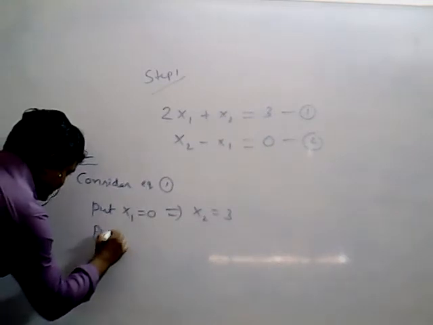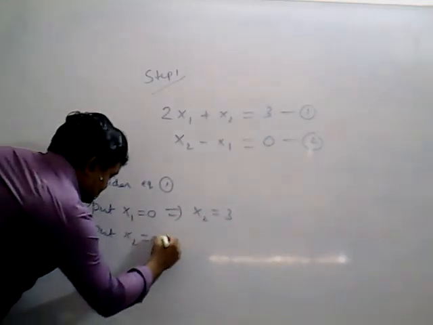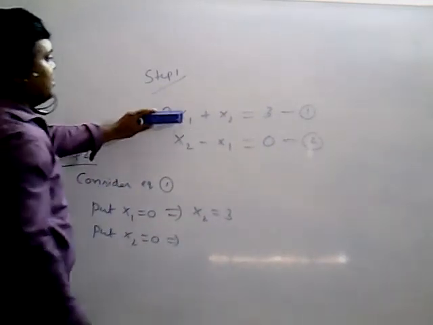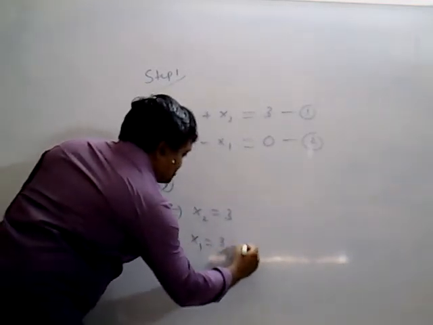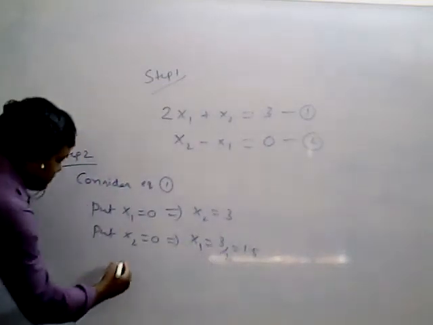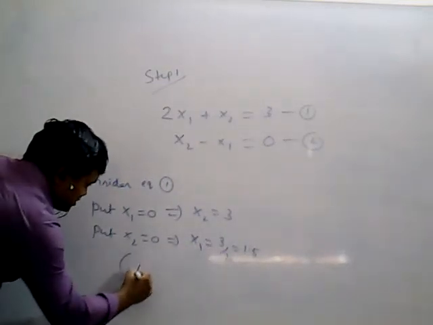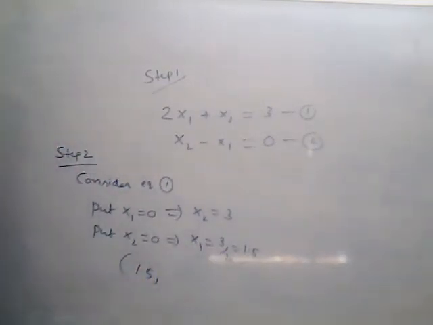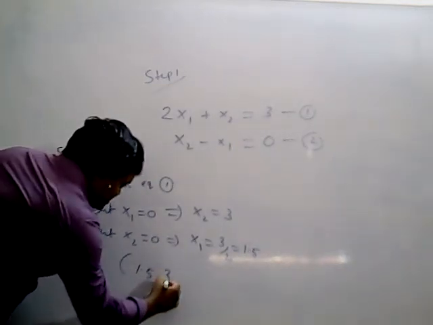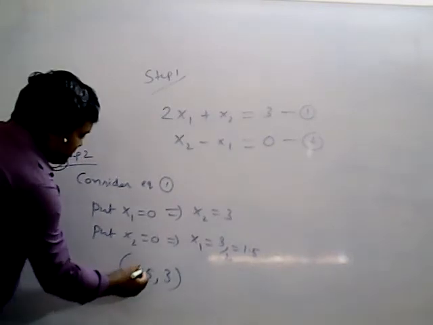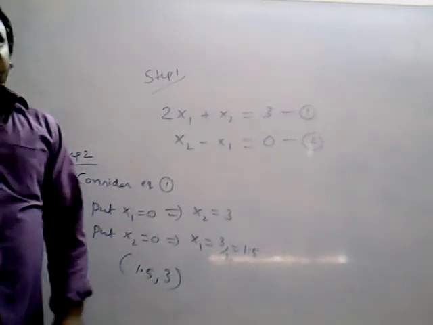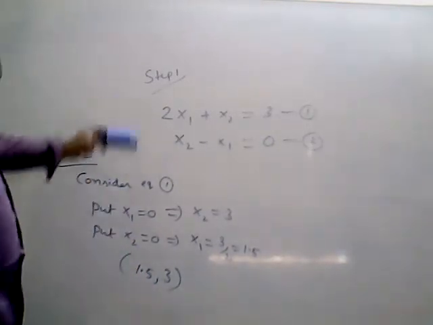Same equation, put x2 equal to 0, then x1 equal to 3 by 2, which is 1.5. So the points are (0, 3) and (1.5, 0). The first line is completed.